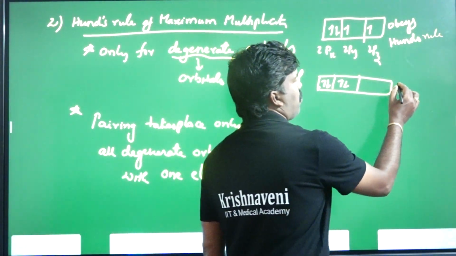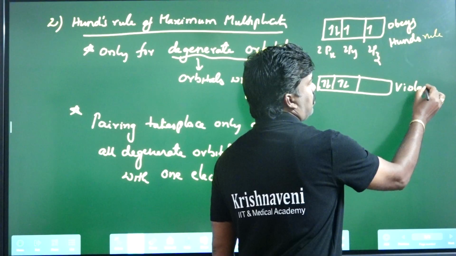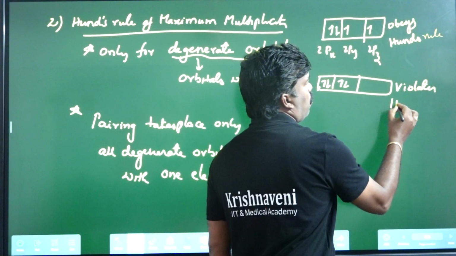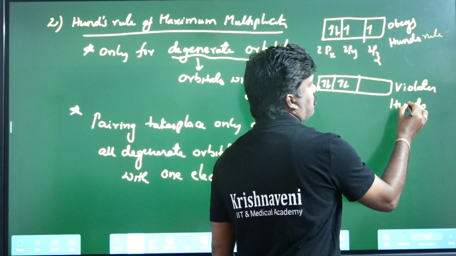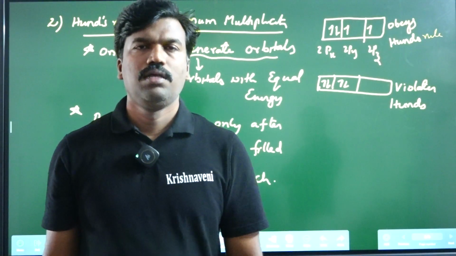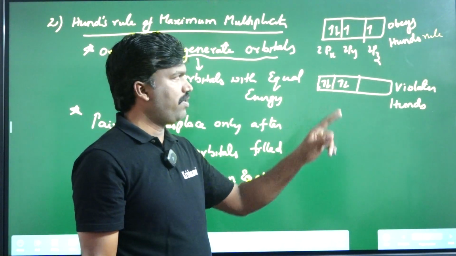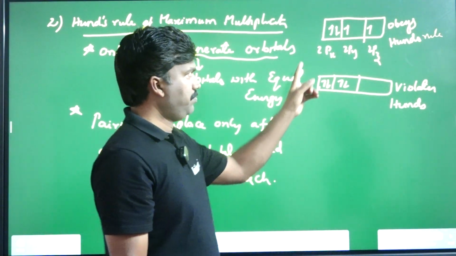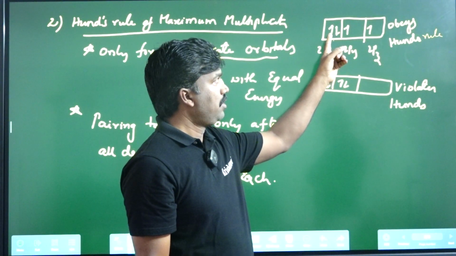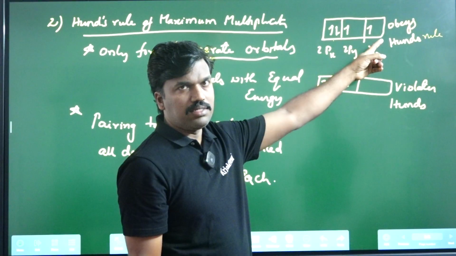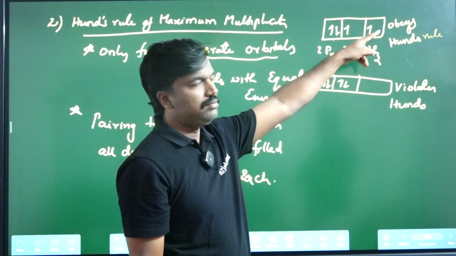So this does not obey, or violates, Hund's rule. So while filling degenerate orbitals, you have to follow Hund's rule. Pairing takes place only after all orbitals are filled with one electron.